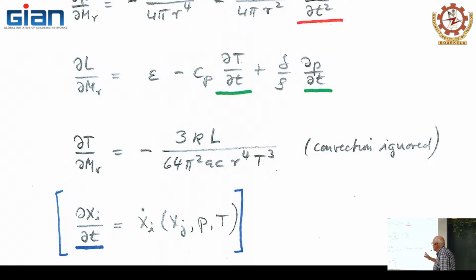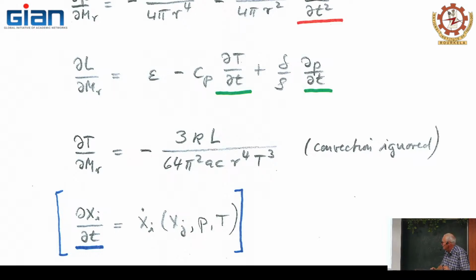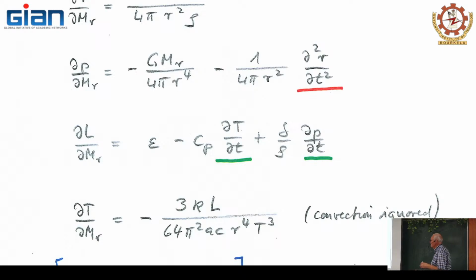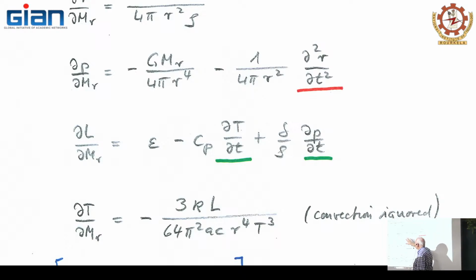So we enter these equations by saying, for instance, for T, we replace... let me give an example here. The easiest way is to take this equation for the hydrostatic equilibrium.